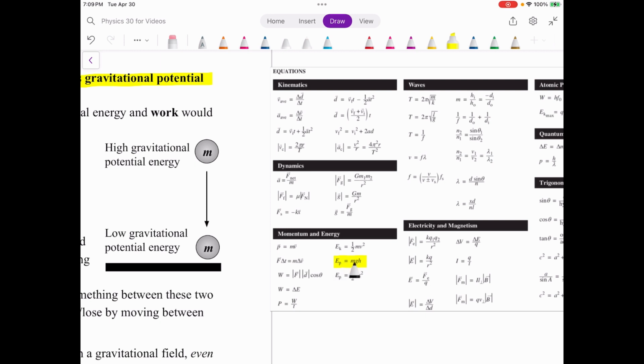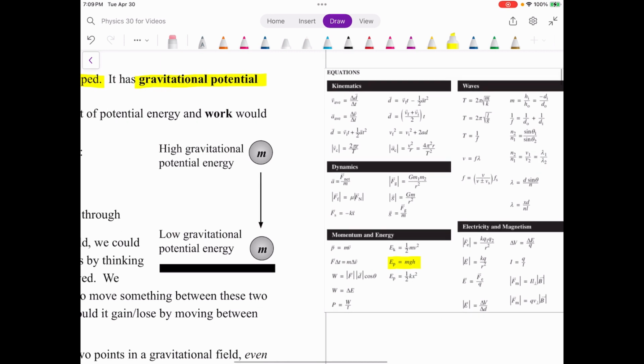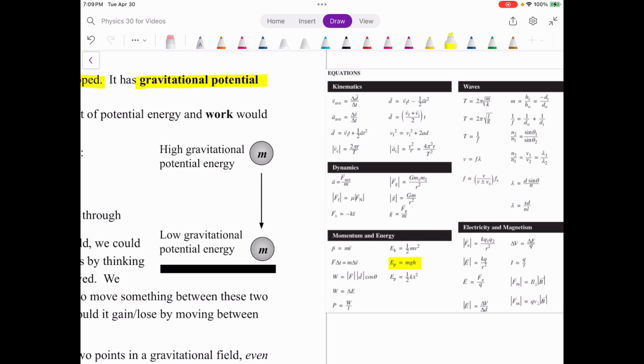Recall that gravitational potential energy is only meaningful when we're saying compared to somewhere else, right? How much energy would something gain or lose in terms of kinetic or potential if it were to fall from this place to a height that we're calling zero, okay? So you can see up here, it has a high amount of gravitational potential energy, E_P equals mgh. Now if it were to fall, that energy wouldn't be destroyed. You can see that it would lose potential energy though, right?